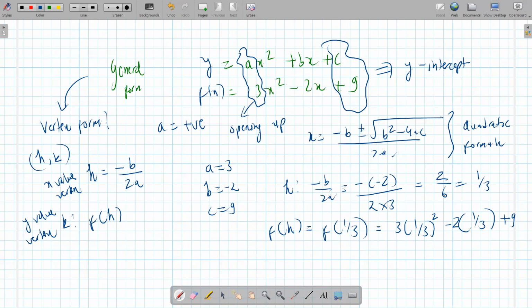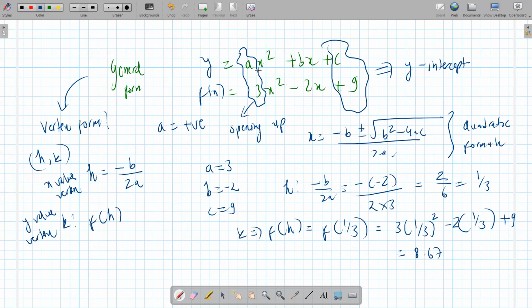And now I'm just going to open that on a calculator because that's going to be annoying to do by hand. And the result is 8.67. That's the k value.